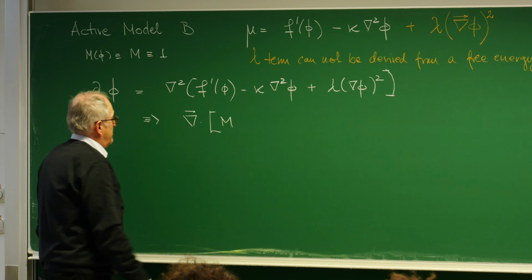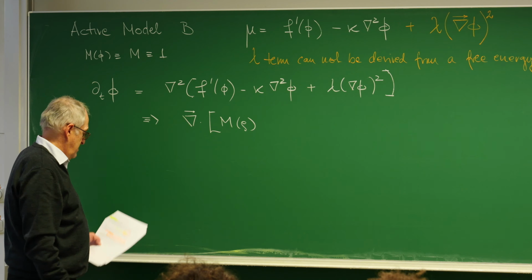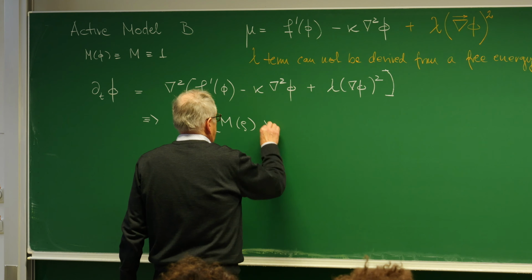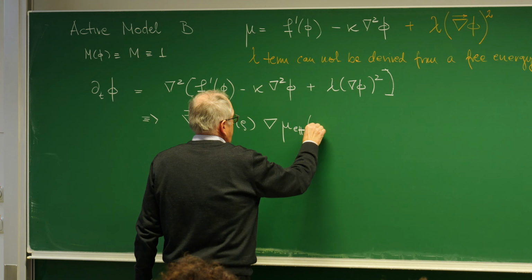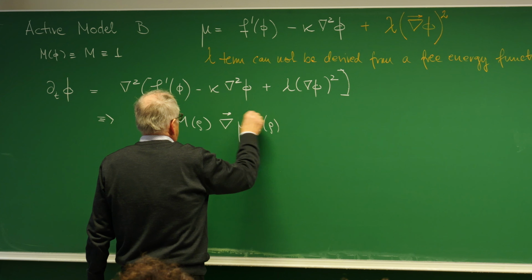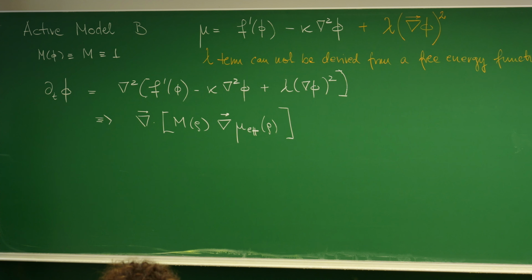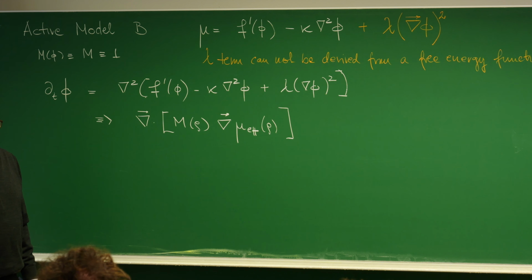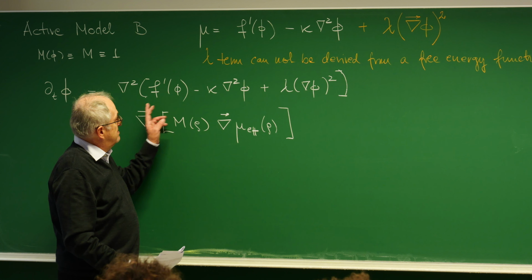You can make this also into something like that. And then you have the gradient of an effective potential, I would call it a non-equilibrium potential, not a chemical potential, that still has this structure here.